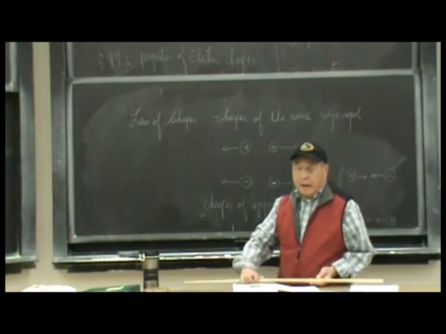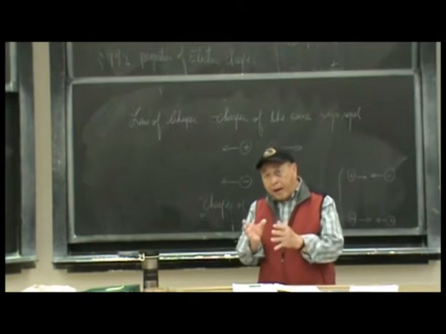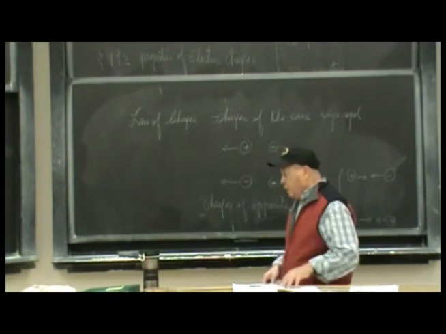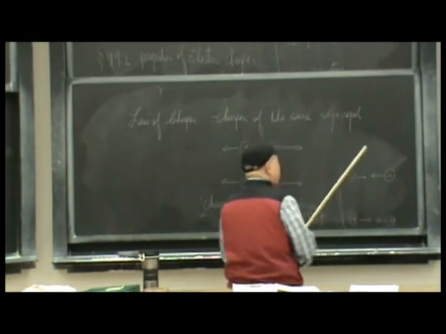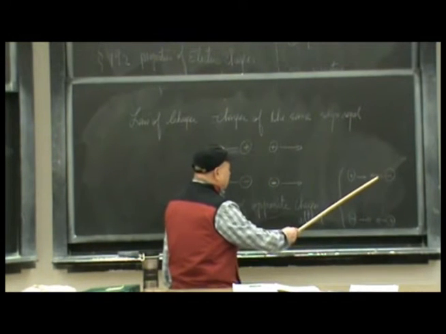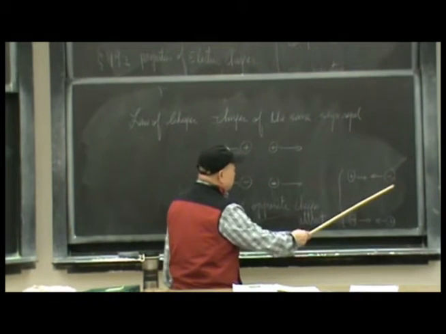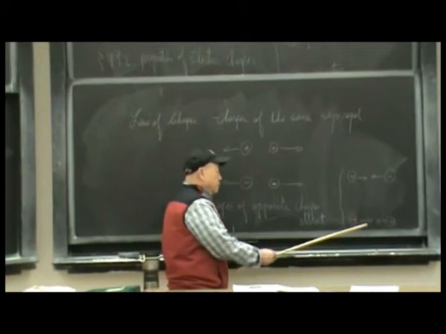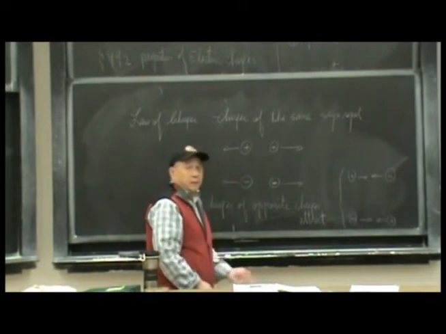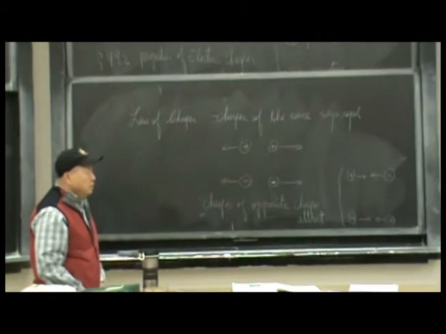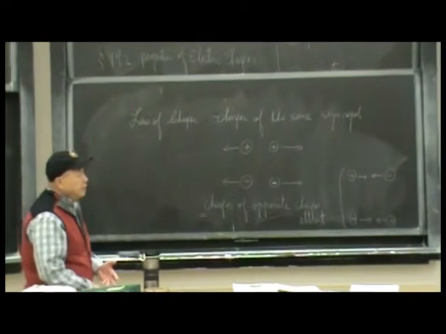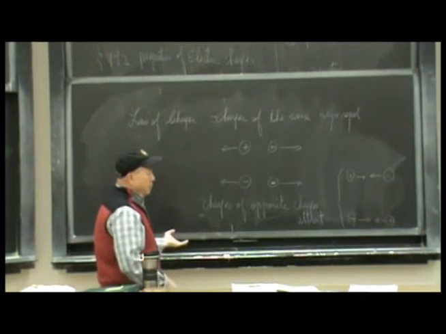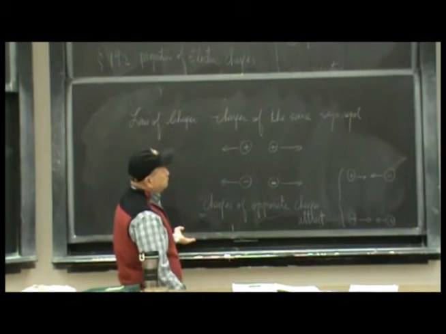Now they tried the other way, the positive charge and negative charge interaction. What happened to them? The positive charge and negative charge attract one another. Charges of different sign attract each other.